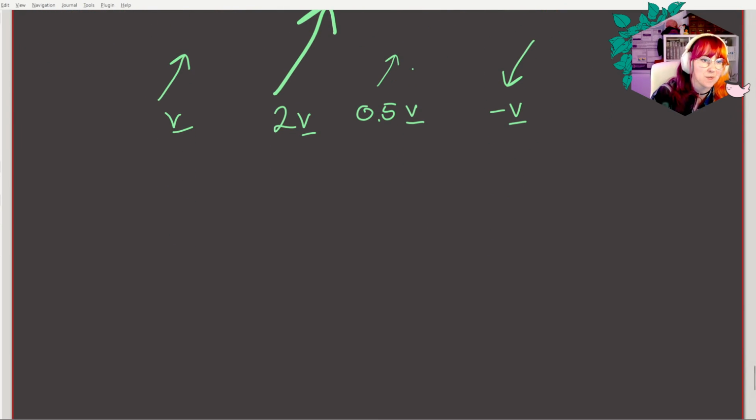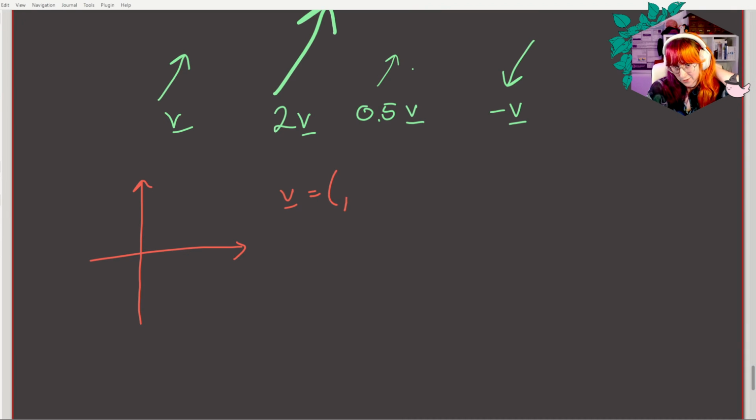A nice way to see this is going back to our classic R2 example, because drawing things in 2D space is easier. If I have the vector 1, 2, then I go along 1 and up 2, and that's my vector. If I do 2v, then I do 2 times 1, 2.